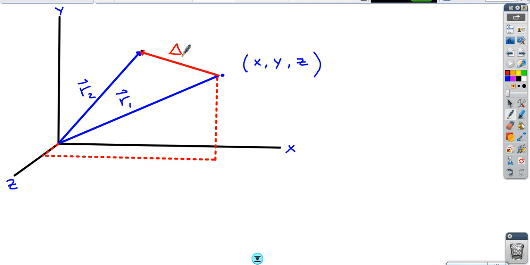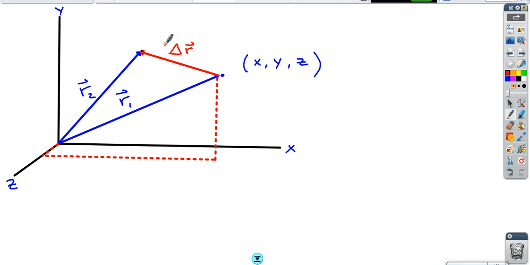Displacement is delta r. And again, the general trend is that the object is moving from here to there. The object could have had some path that eventually took it to this position, but remember, the displacement, like you learned last year, only cares about where you started and where you ended up. So this is the displacement vector.